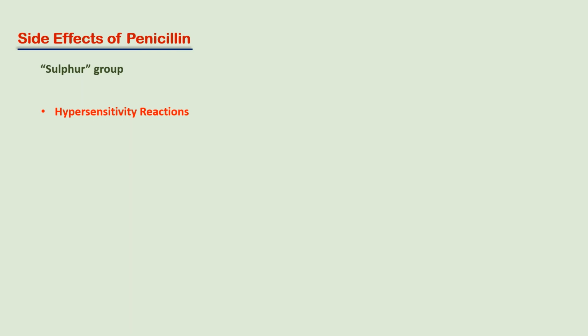And mainly this hypersensitivity reaction is seen with natural penicillin, that is penicillin G. Another problem is cross allergenicity. That means if a person is allergic to one form of penicillin, then there is a high chance of allergenicity to other forms of penicillin.